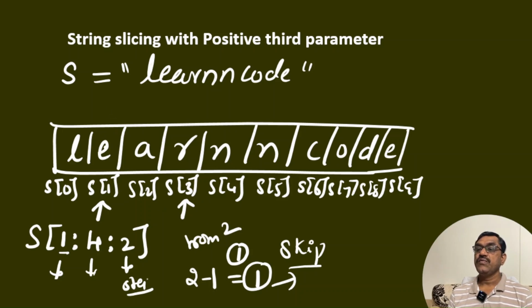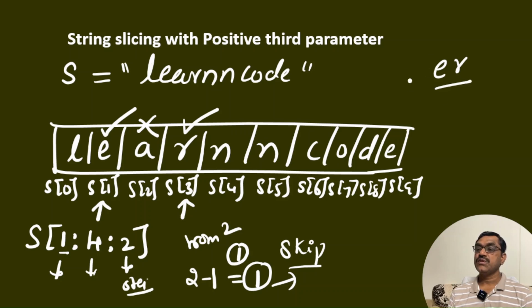That means we are taking the character E first. After that, we are skipping one character A. Next, we take the next character. Okay, and end index is 4. So 4 minus 1, already we have reached the end boundary. Now what we are going to get here is, when you say S of 1 colon 4 colon 2, the answer we are going to get is ER.